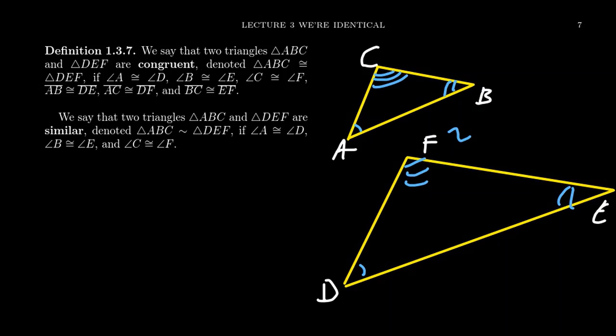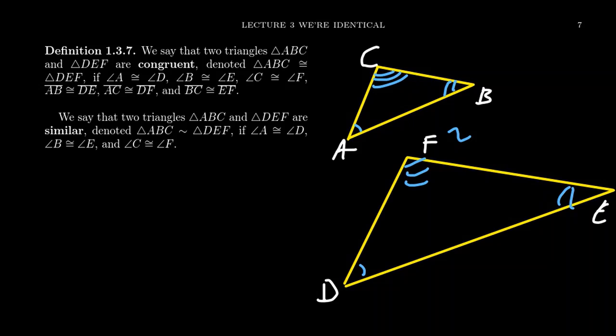You'll notice that the side lengths of the two triangles are different. The DEF triangle is much bigger than ABC, but even though the side lengths are bigger, they still have the same basic shape, because the shape of a triangle is determined by its angles, not by the side lengths.